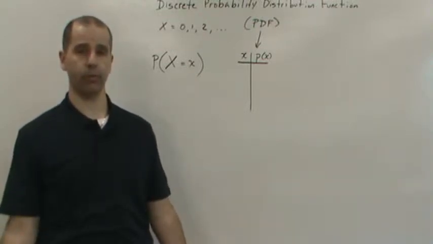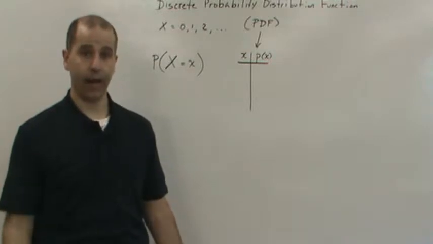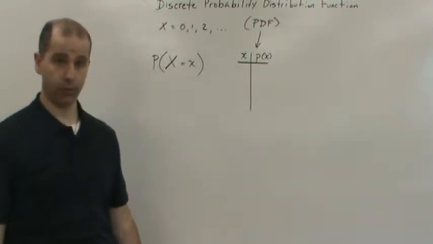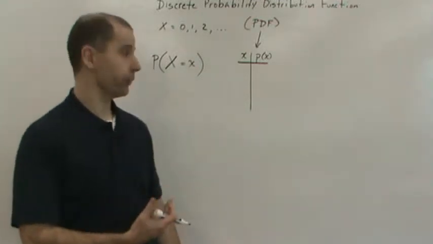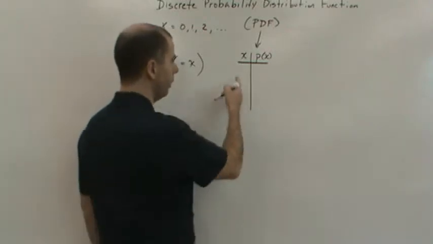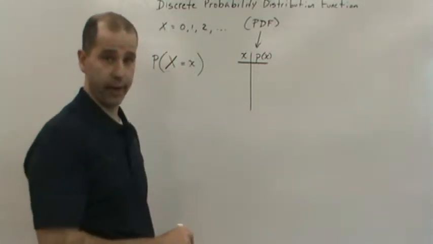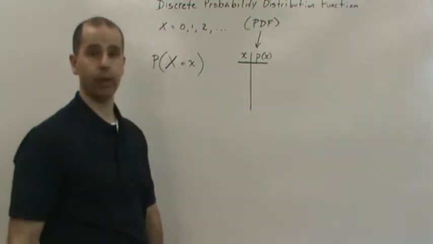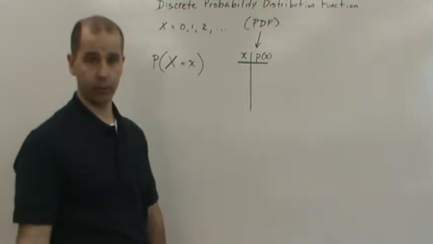Whenever we're talking about discrete random variables and you're asked, what is the PDF or the probability distribution function for this experiment, all we're looking for is just a table where one column is all the values of x and the other column is the corresponding probabilities of those values.